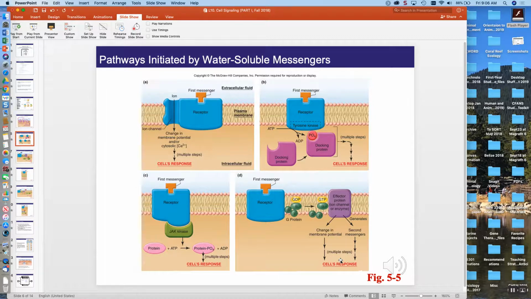You need to know GS. S stands for stimulatory. You also need to know the GI pathway. I stands for inhibitory. And the GQ pathway. And I have no idea what Q stands for.